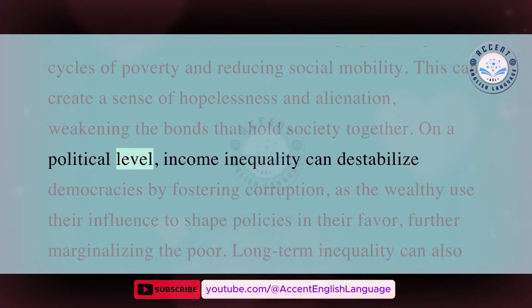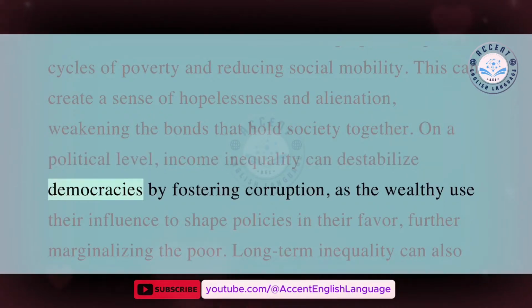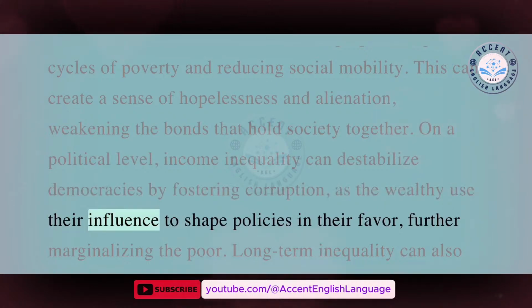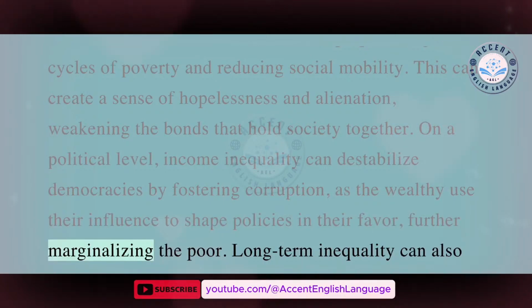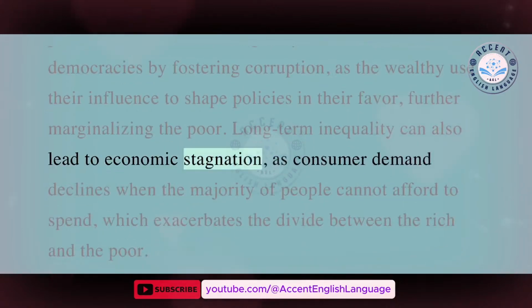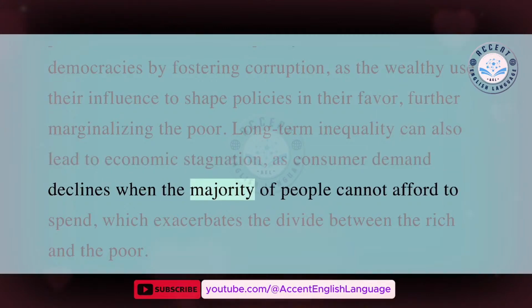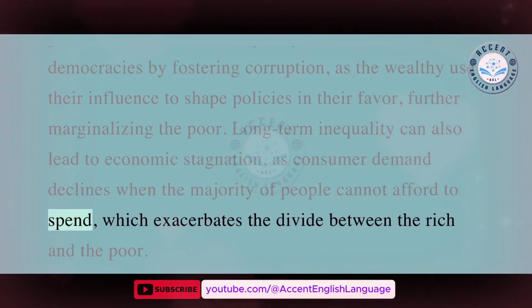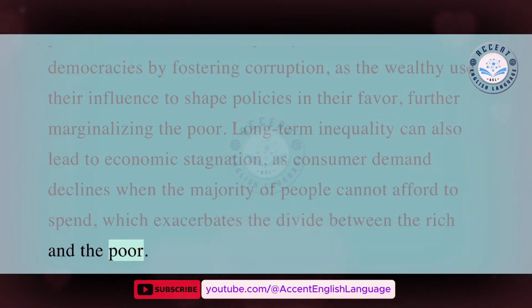On a political level, income inequality can destabilize democracies by fostering corruption, as the wealthy use their influence to shape policies in their favor, further marginalizing the poor. Long-term inequality can also lead to economic stagnation, as consumer demand declines when the majority of people cannot afford to spend, which exacerbates the divide between the rich and the poor.